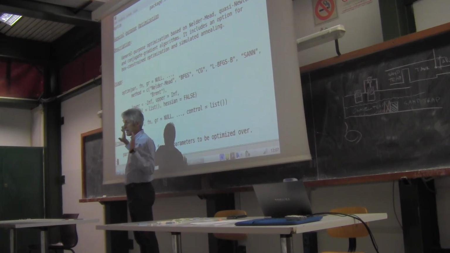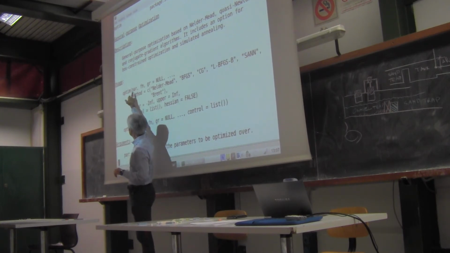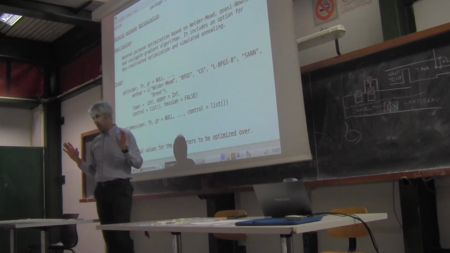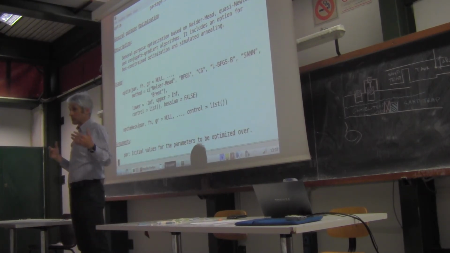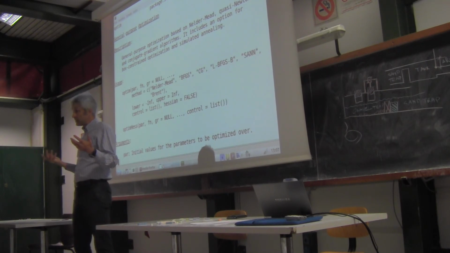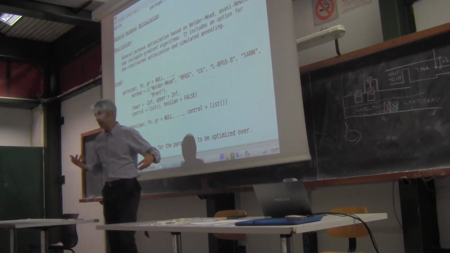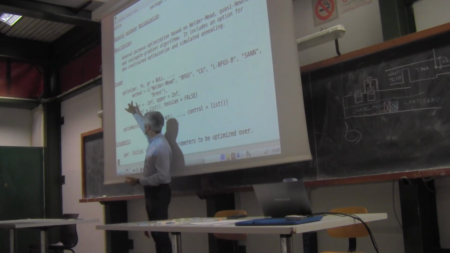Another required argument is initial parameter value. So if you work it autonomously with a trial and error procedure and got to a result that was satisfying for you, so you got to a parameter vector that was satisfying for you, this is the parameter vector that you should put here.